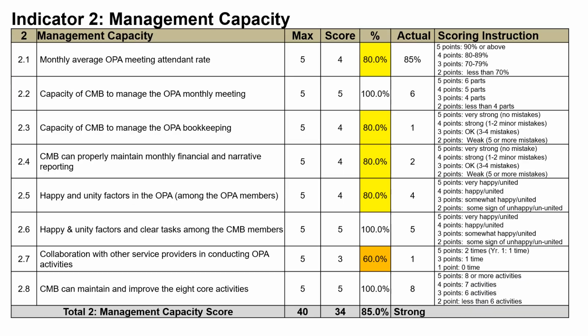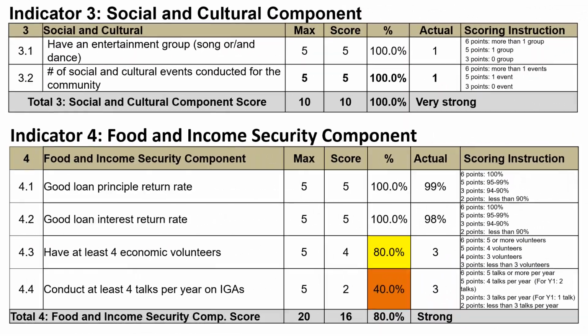Next is indicator 2, which is the management capacity of the OPA. Indicator 2 has 8 sub-indicators. The total score for indicator 2 was 34 out of 40 maximum score, which is considered strong. Indicator 3 is the social and cultural component, which has a score of 10 out of 10, which is considered very strong.